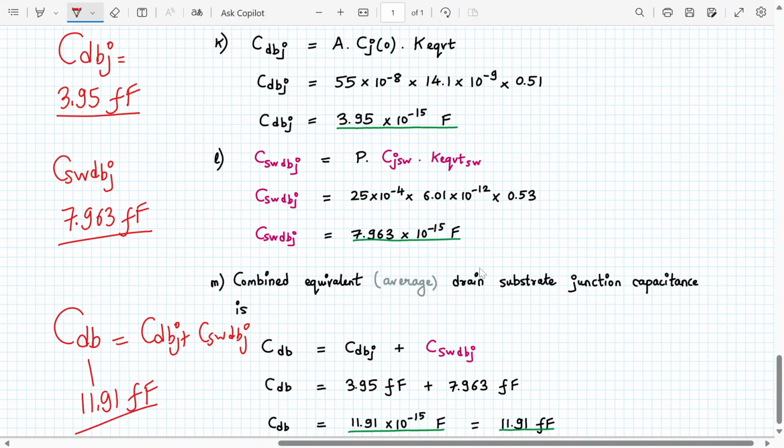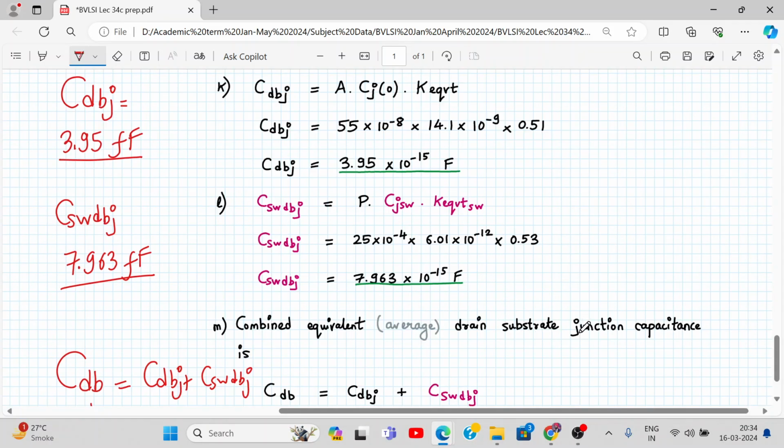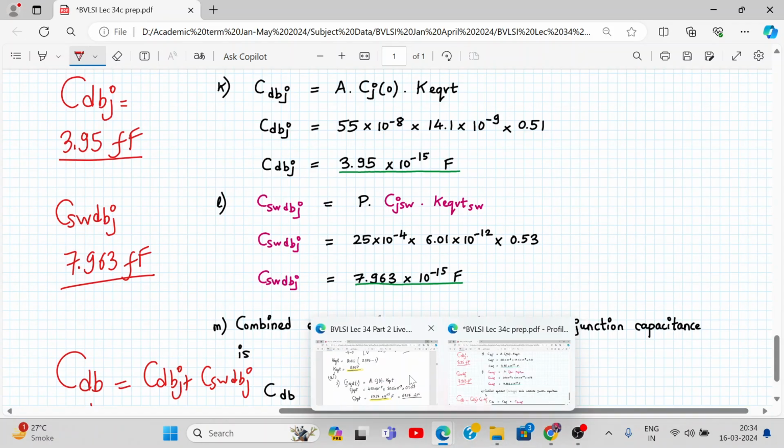Alright, so in this way they can ask you such numericals, and they can ask you to find out the drain to substrate capacitance or source to substrate capacitance. Basically drain to substrate capacitance is the one which will involve switching. Okay, so they can even ask you something like this. Let me show it to you.